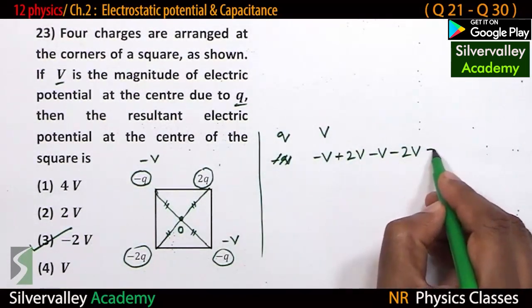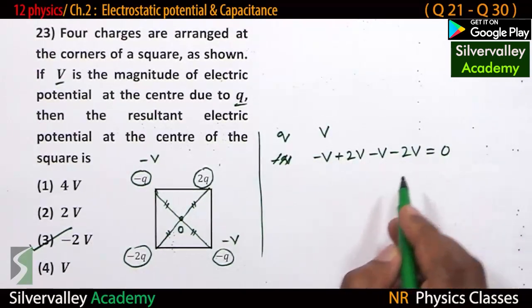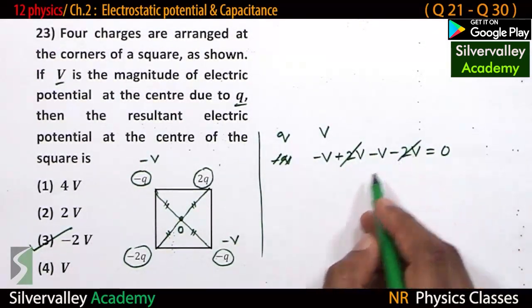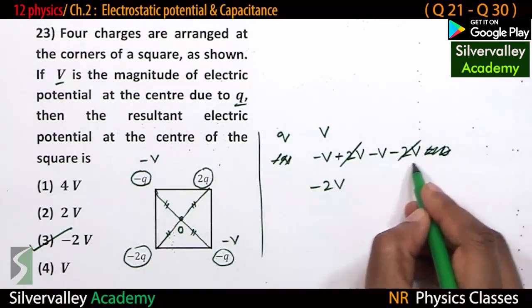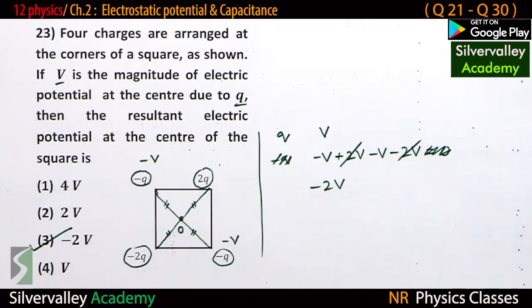Therefore resultant potential is the sum of these potentials. This gets cancelled with this, so minus 2V. This is not 0, so the sum is minus 2V.